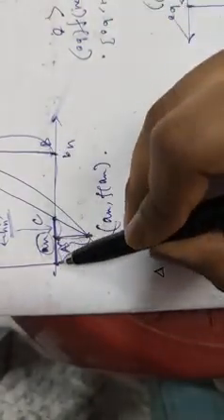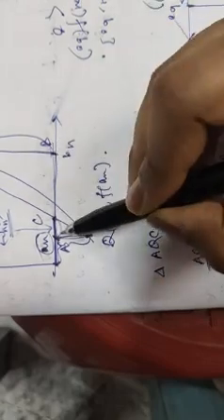CB can be written as AB, this whole quantity, minus AC.